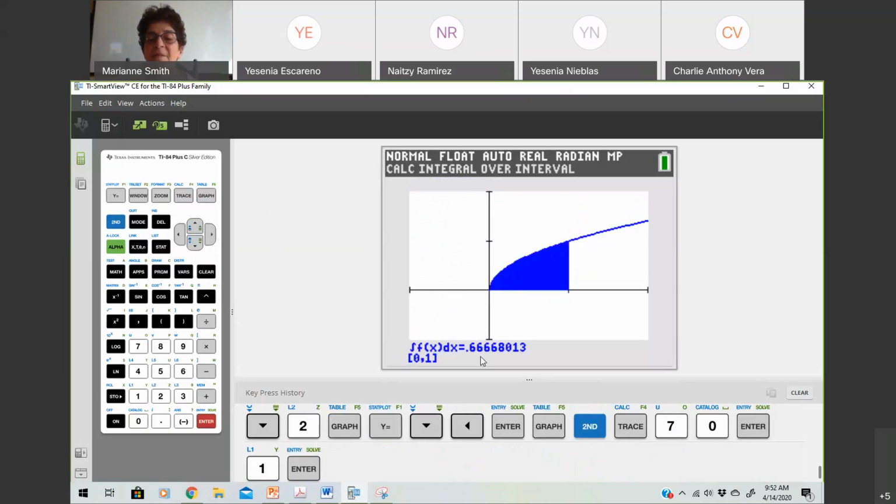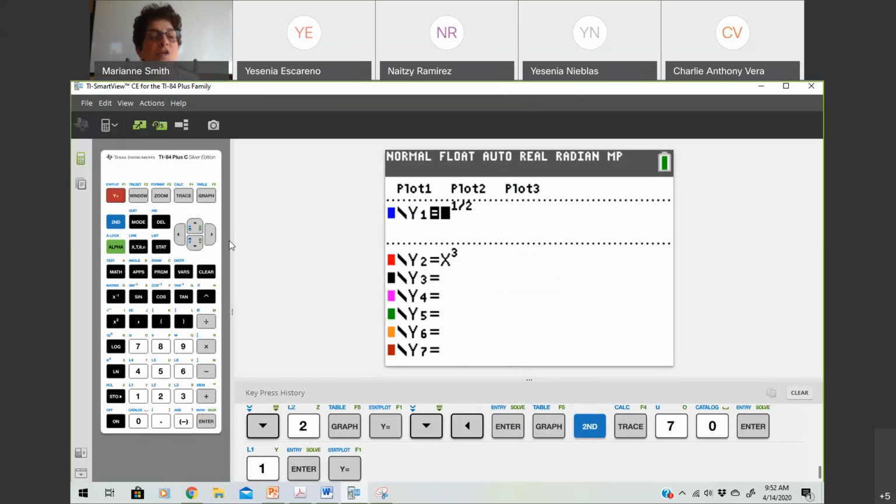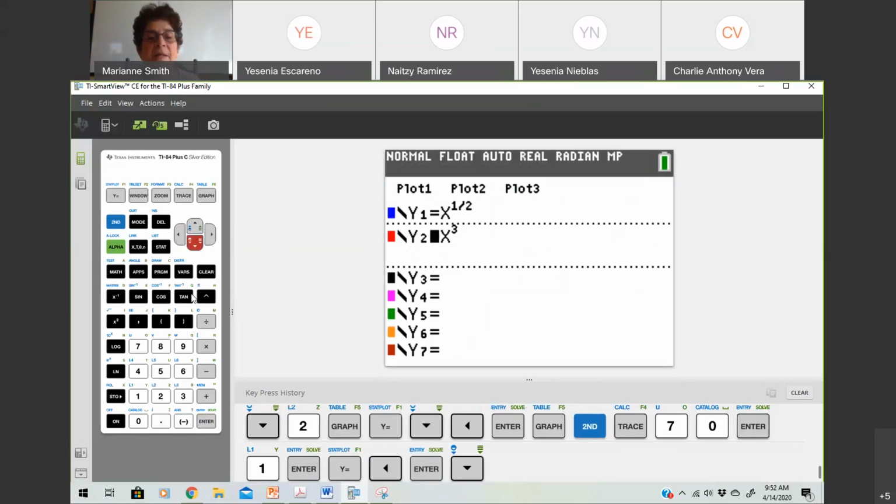Okay, so that gives me this value, and unfortunately I need to write that down. I have to make a note of that somewhere. I'm going to try the red curve, so go back in here, turn off the blue curve, turn on the red curve.